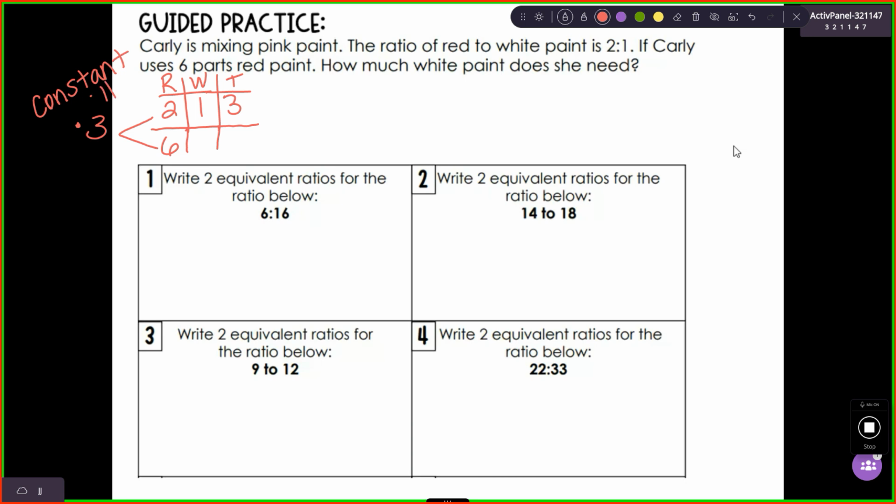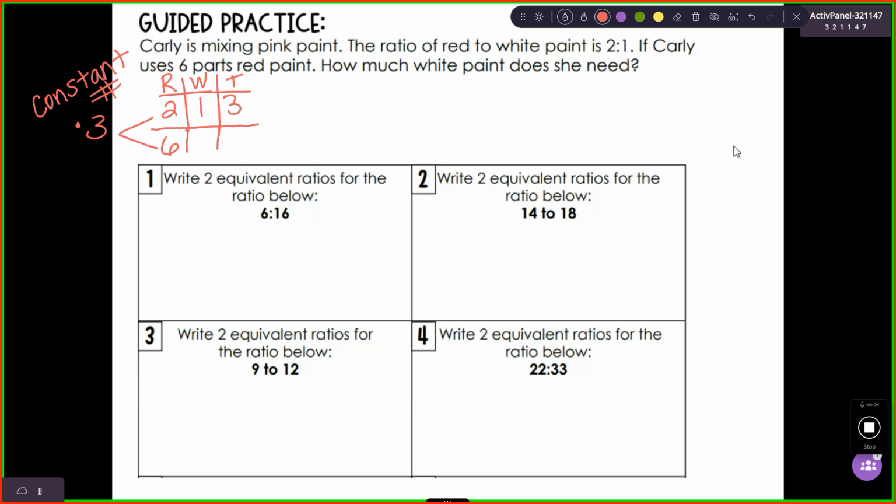You constantly use 3 and you're multiplying by it in this sense. Sometimes you might divide. It matters on if you're going from a small to a big number, you multiply. If you go from a big to a small number, you divide. Okay, I'm going to say it one more time.